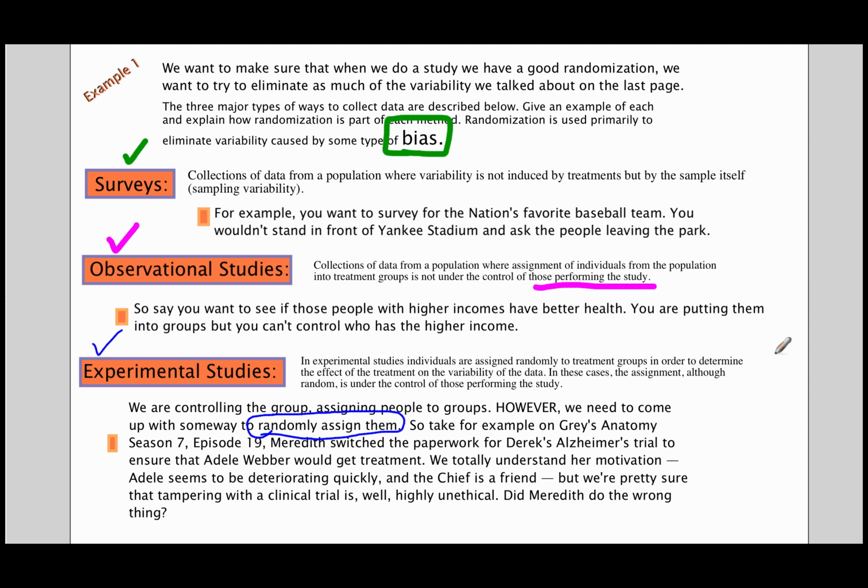We're pretty sure that tampering with clinical trials is highly unethical. And we found out later that Meredith did get in a lot of trouble, and Derek's trial had to go by the wayside because mathematically it was not random. She put her fingers in the pie, and she messed up the random assignment.